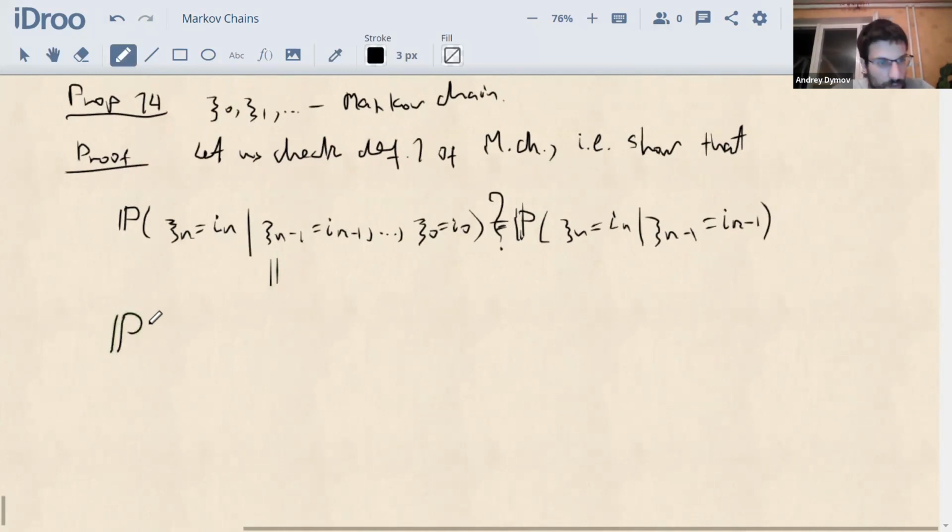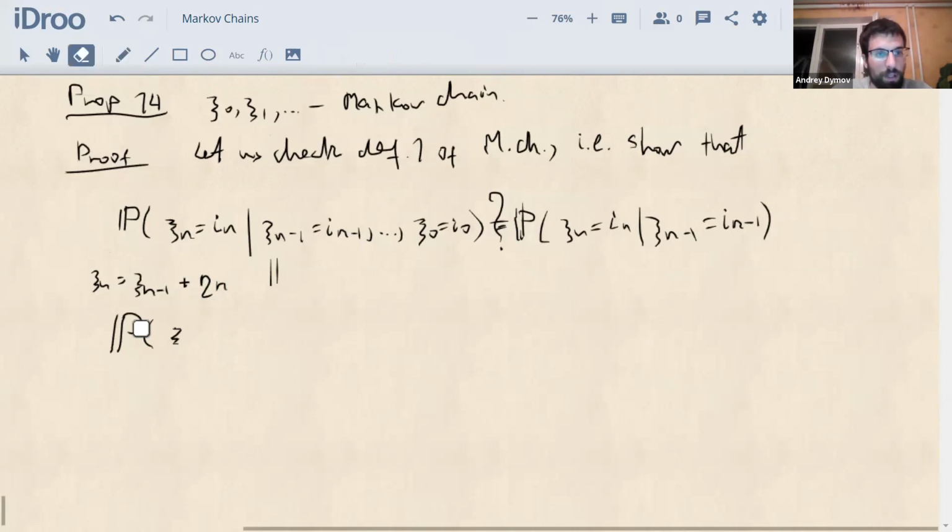What is xi_n actually? Xi_n is exactly xi_{n-1} plus eta_n, by definition of my Markov chain. But then, look, here I have the condition that xi_{n-1} equals i_{n-1}.